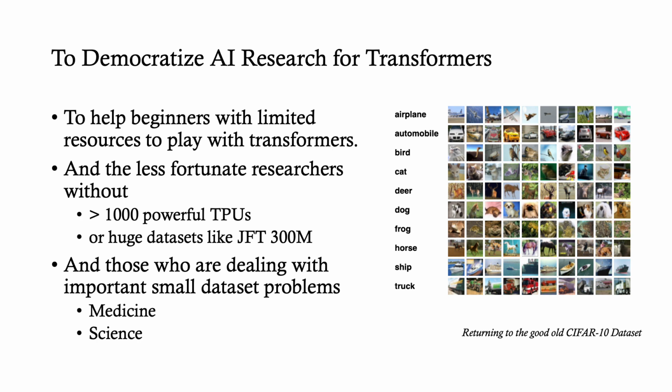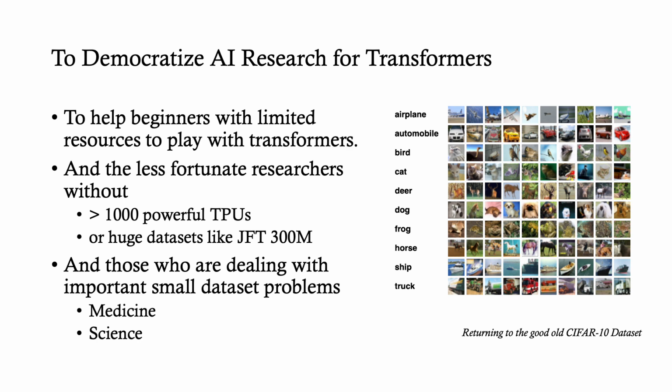And lastly, we want to help those people who are dealing with important problems that are applicable only to smaller datasets. For example, in medicine and science, people sometimes are only able to collect a very small number of samples for different events. To achieve this goal, we return to the good old CIFAR-10 dataset, on the right side.